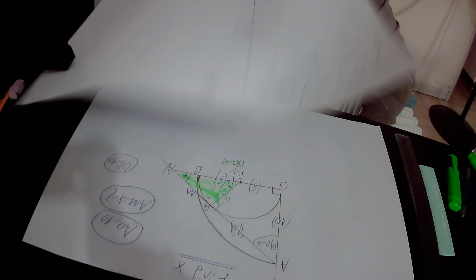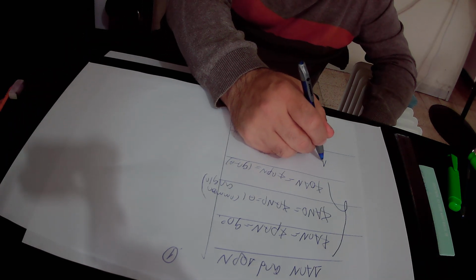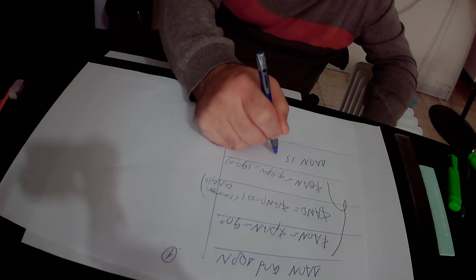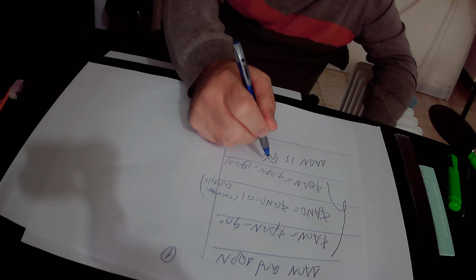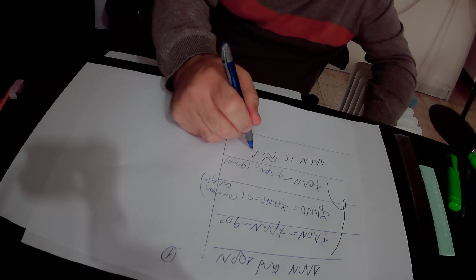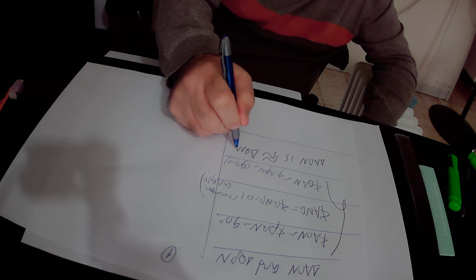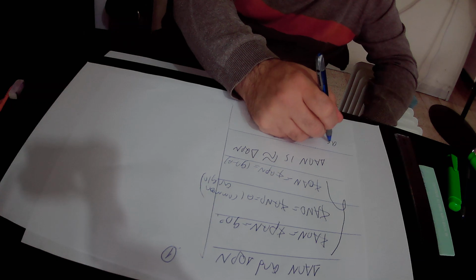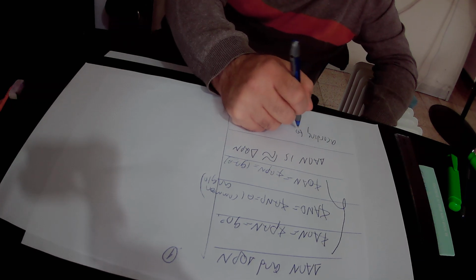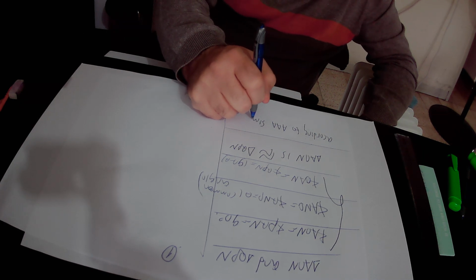So I write it down. The big right triangle AON is similar, this is the sign of similar, to the small green right triangle QPN according to the angle similarity rule.